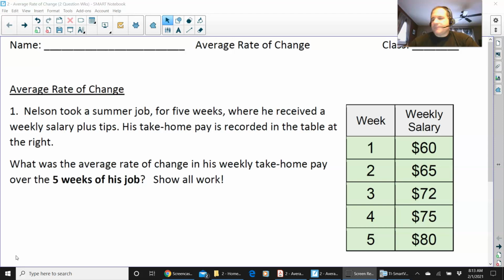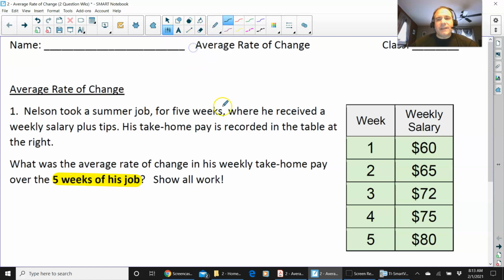Show all work. So just remember, when you figure average rate of change out, they have to give you which intervals to use. And in this one, it does say average rate of change over the 5 weeks of his job. So we are going to do that.